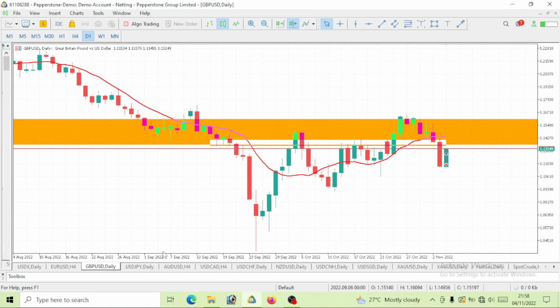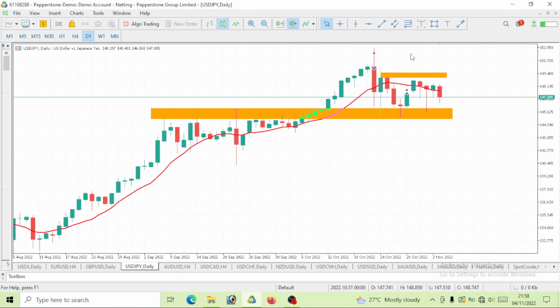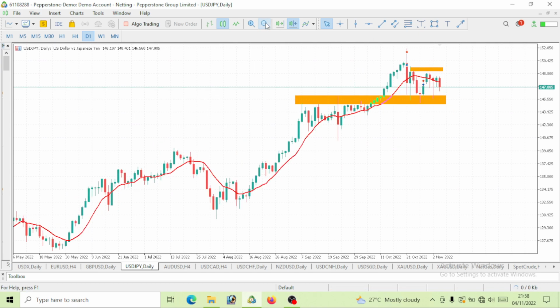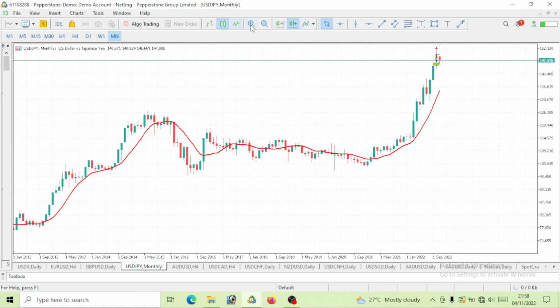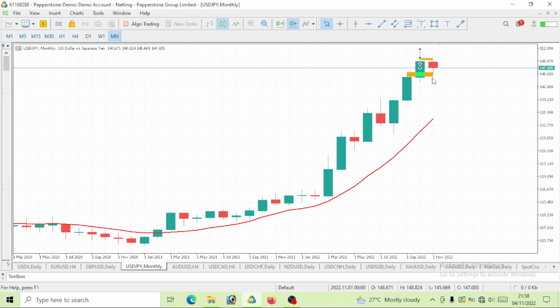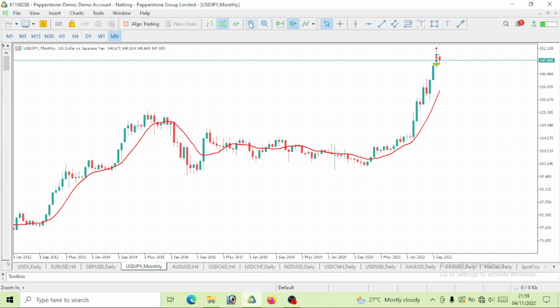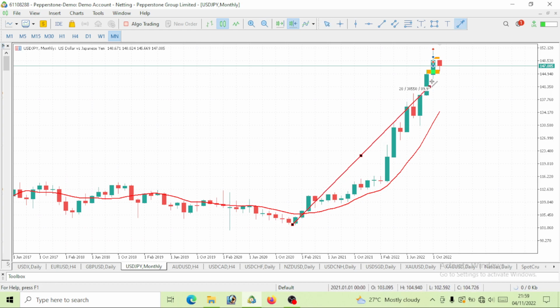And lastly, we should take a look at USDJPY. Take a look at this movement. From the monthly time frame, you can see the full trend on USDJPY, right? Clearly, this is an uptrend move. We can see higher highs, higher lows, which is more visible on the daily time frame.